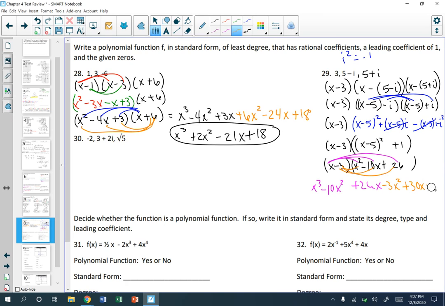Actually, that's going to be a minus. So we have a negative 3. Okay, combine our like terms. I only have 1x cubed, so it's x cubed minus 13x squared plus 56x minus 78.